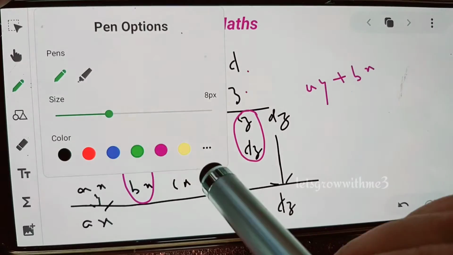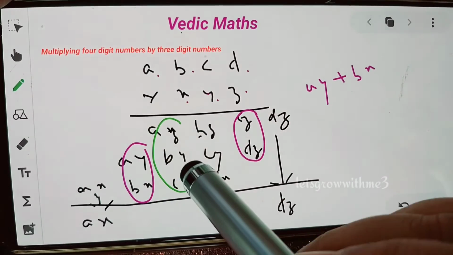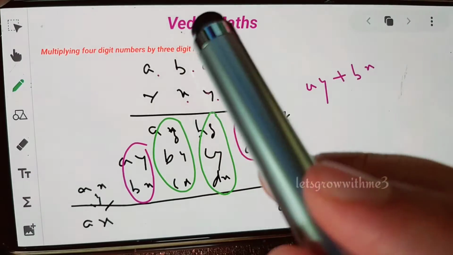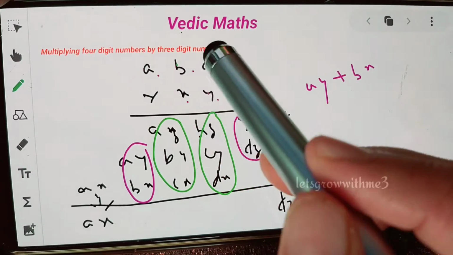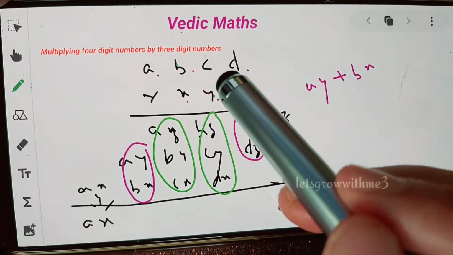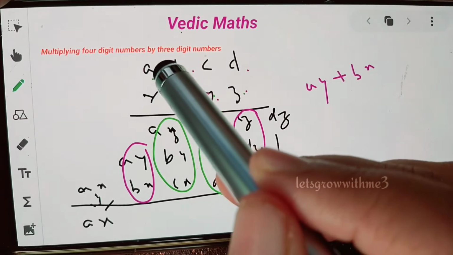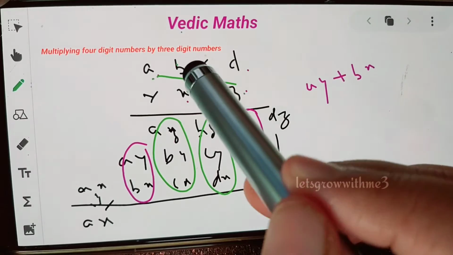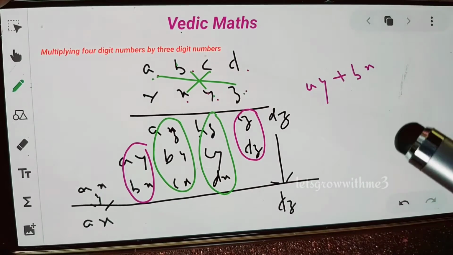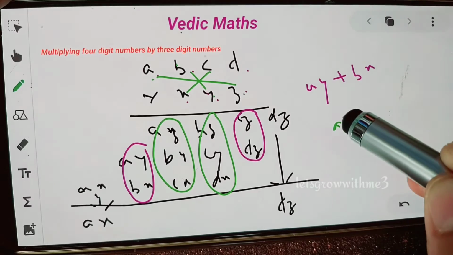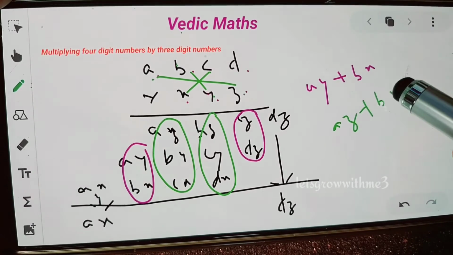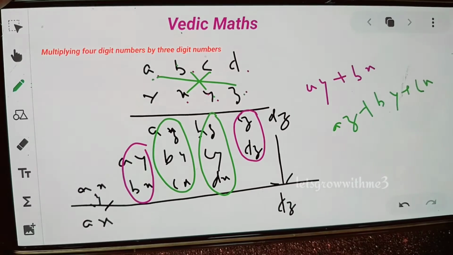After that, the next two values are very critical. This shows the second order cross method, the second degree cross method. We discussed this in the earlier video, but with 3 digit by 3 digit we got only one second degree cross, whereas here we get two second degree cross values.